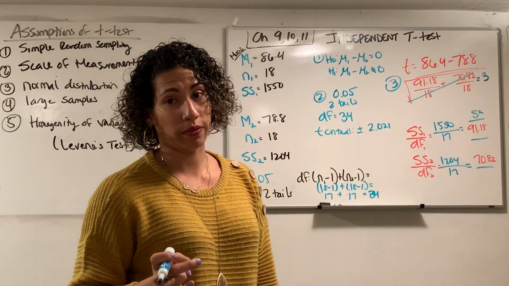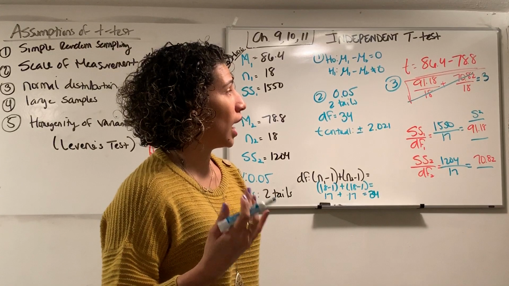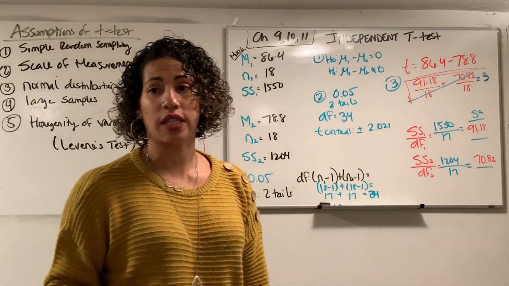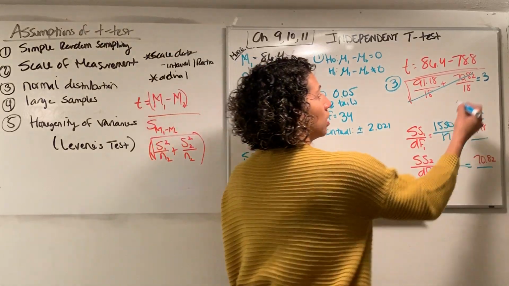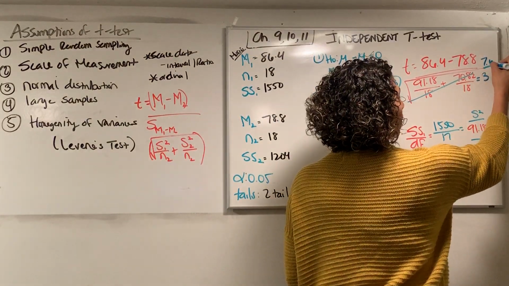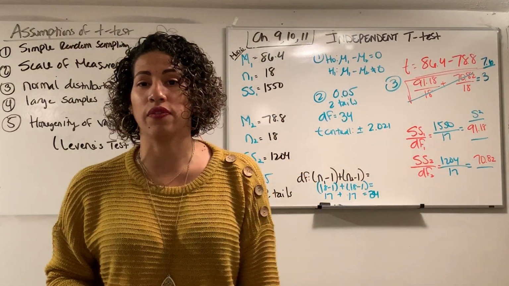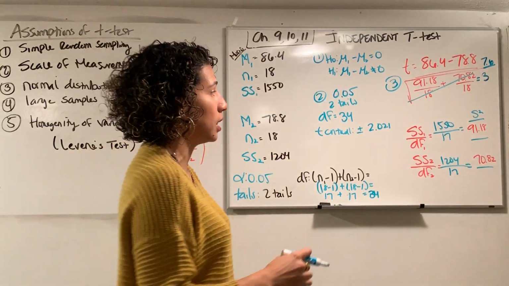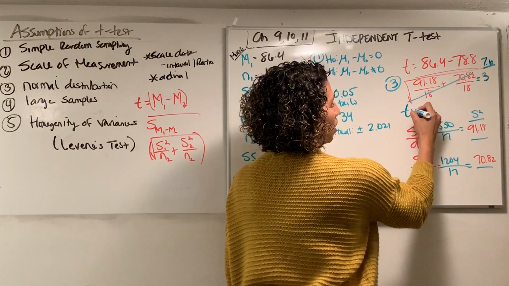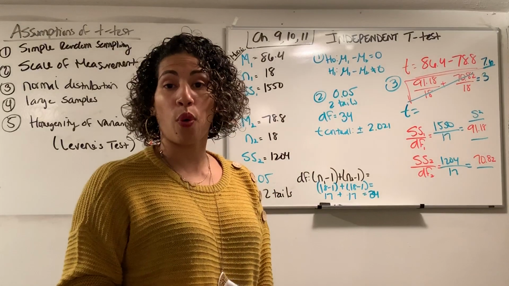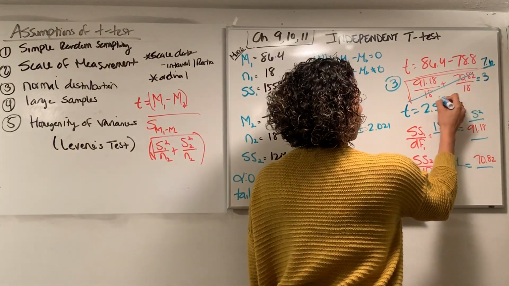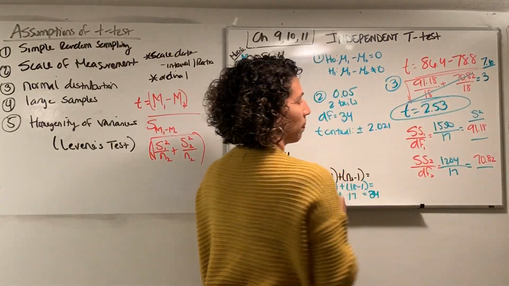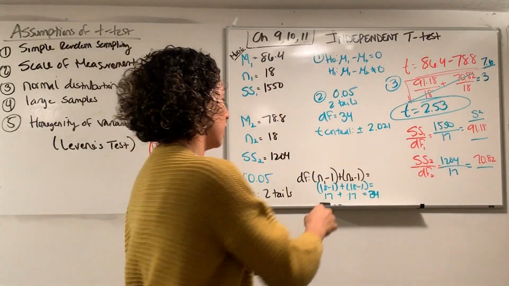The top of the equation, 86.4 minus 78.8, is going to lead us to 7.6. And 7.6 divided by 3 leads us to a T statistic of 2.53. That is the value we got at the end.